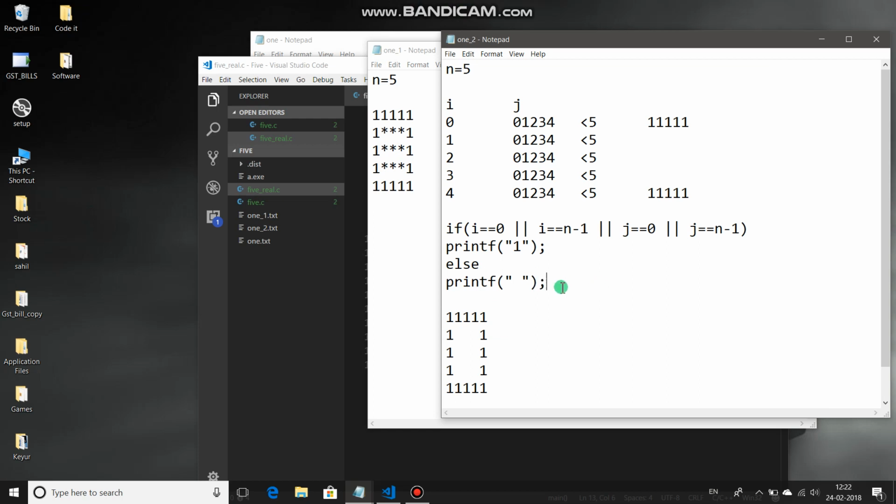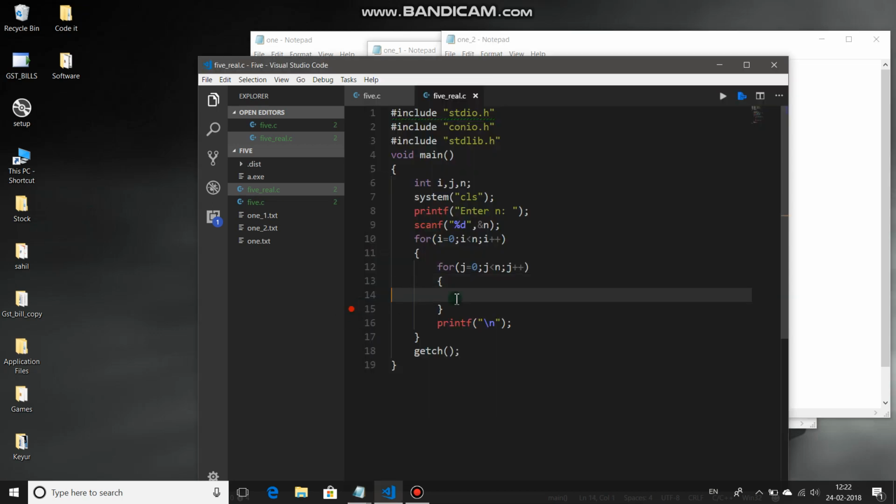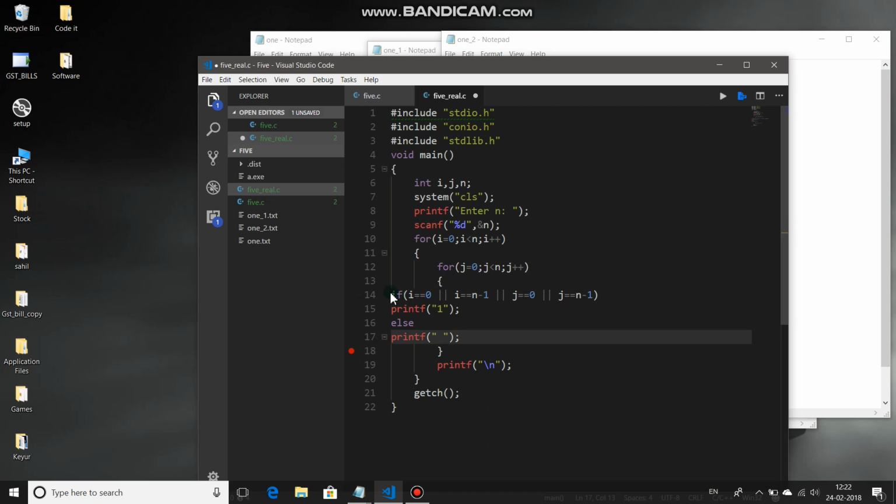Okay, let's just copy this thing and print it over here. Okay, you can use if and else without braces, curly brackets, because there is just one line in if and else, so you can do this.